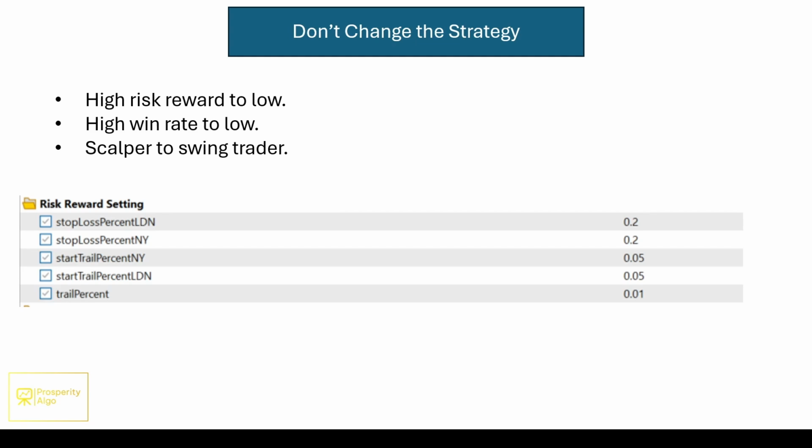You're not trying to scalp quick impulses at the open. You're now trying to trade a continuation once a range is broken at the open. So if you fundamentally change the risk reward, you're changing the strategy. So you have to be really, really careful there, and don't do this just haphazardly.